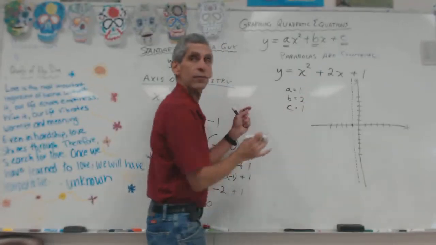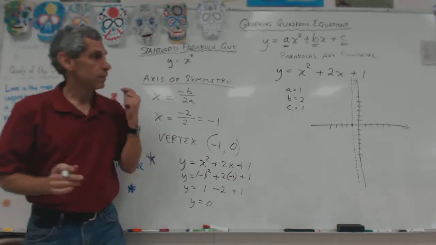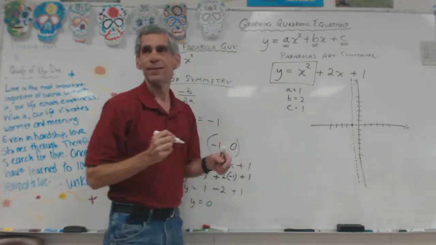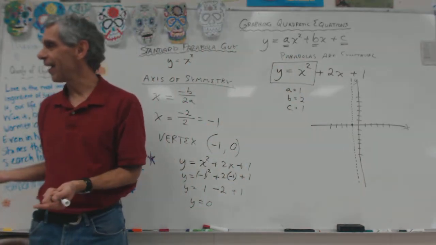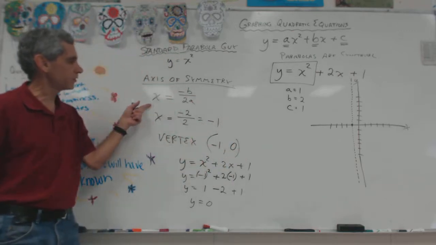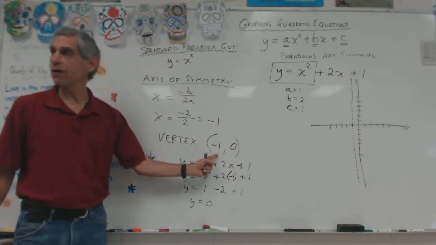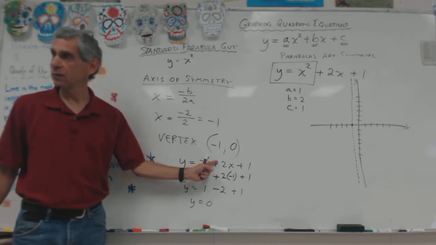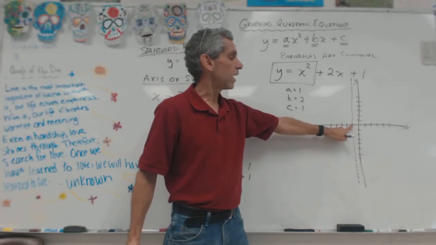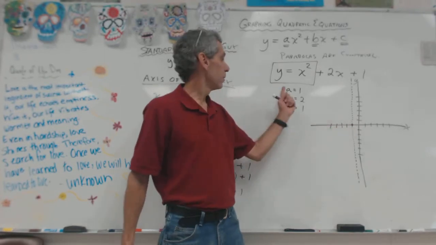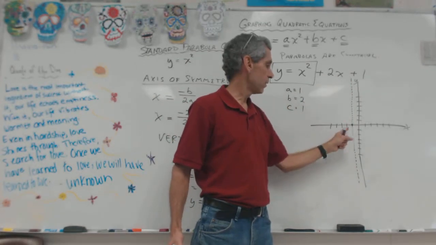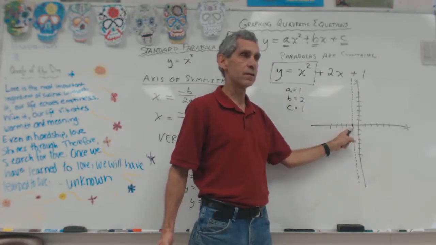Now look what I have. You guys with me so far? Look what I have. What is that? Standard parabola guide. Right? Because I have now used my axis of symmetry and I have found my vertex, I now know from that vertex I can use standard parabola guide because it says y equals x squared. This stuff has already been taken care of by this. Does that make sense?